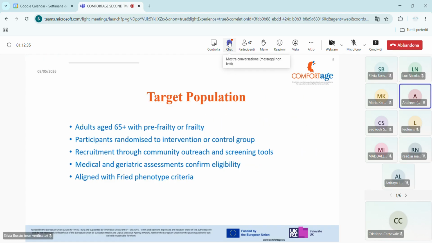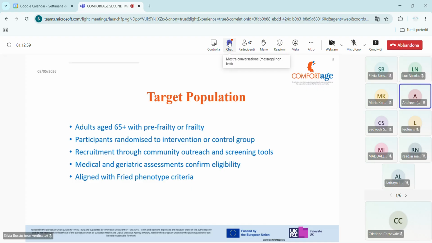Our target population for the main pilot are adults 65 and over with pre-frailty and or frailty, but we're trying to focus on pre-frailty more. These individuals are identified through community outreach as well as from our patient pool.